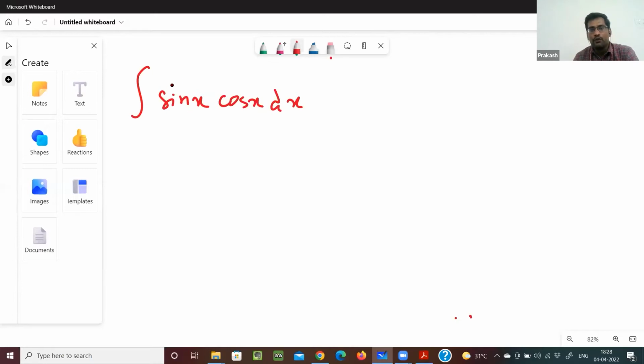So if you know the trigonometry identities, what identity can we use here? We know sine 2 theta equals 2 into sine theta into cos theta. If you know this trigonometry identity, this integral is very easy, because we can easily evaluate it.